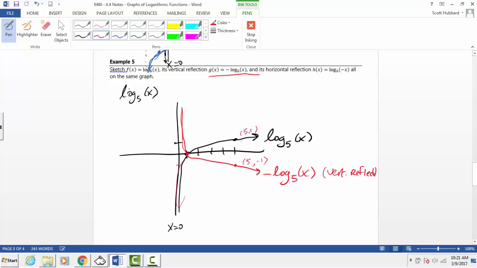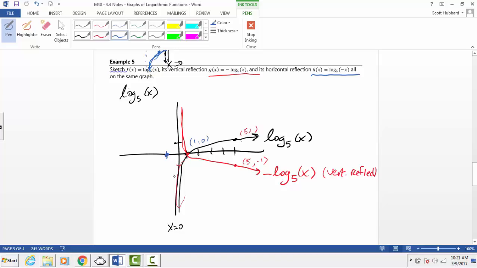And let me do it in blue for the horizontal reflection, log base 5 of negative x. So again, in this case, you're going to take each value and swap out the x to be a negative. So here the value was (1, 0). Now it's going to be at (-1, 0).